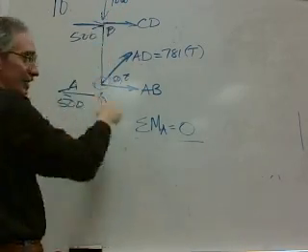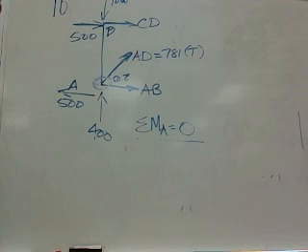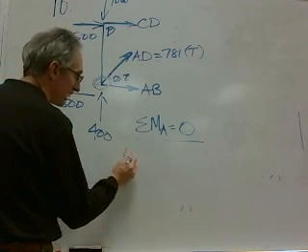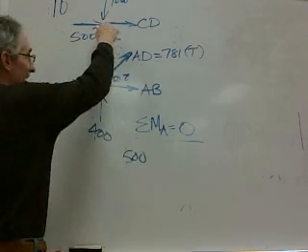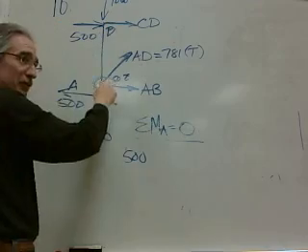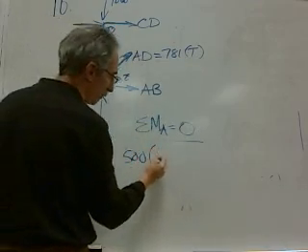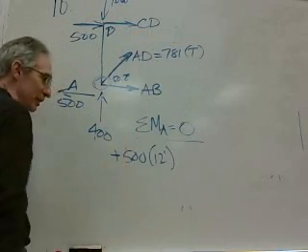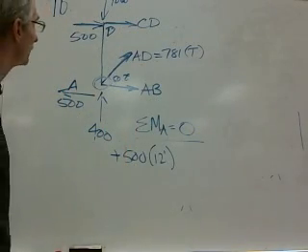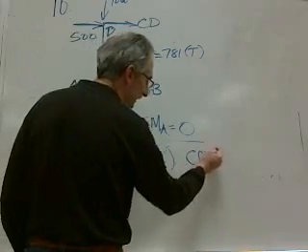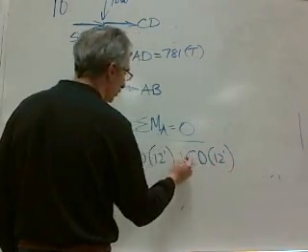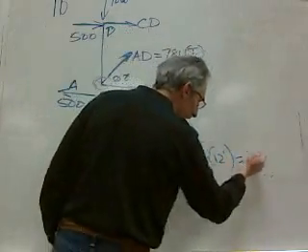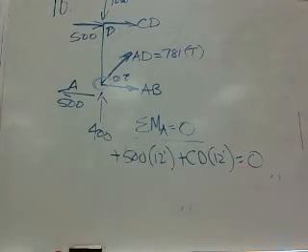All those things cross through A, so we don't have to worry about them causing moments about A. So I do have the 500 pounds that acts 12 feet away, and it goes clockwise, so in this case I'll call it positive. I do have CD, which is 12 feet away. That's also going clockwise. And that's it. That's my moment equation about A.